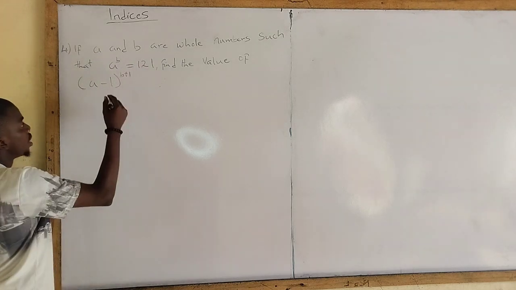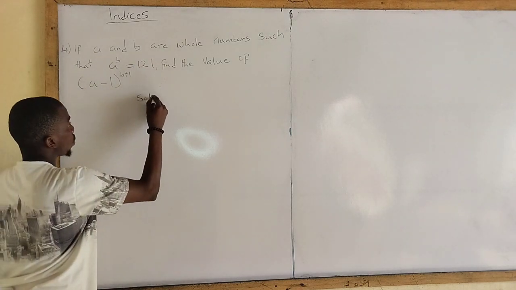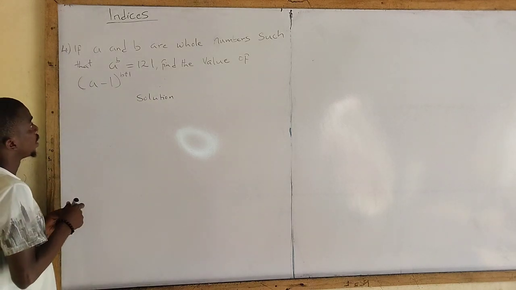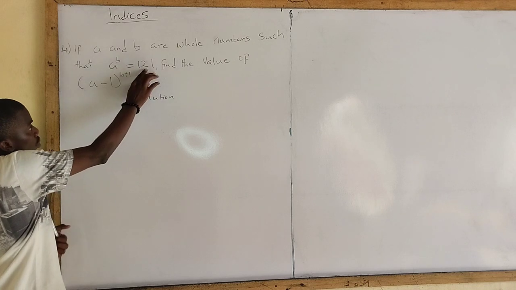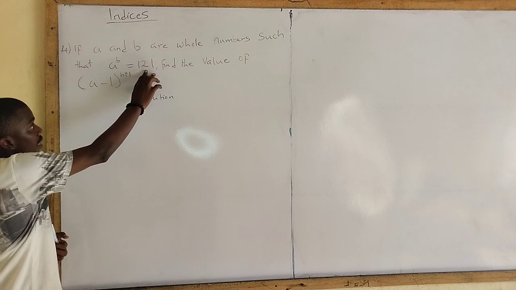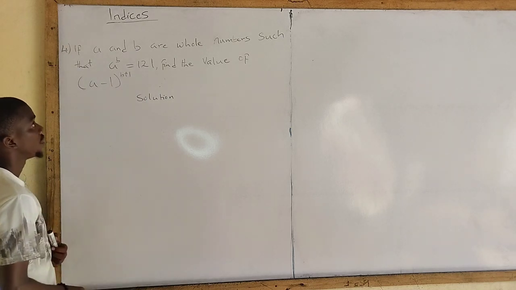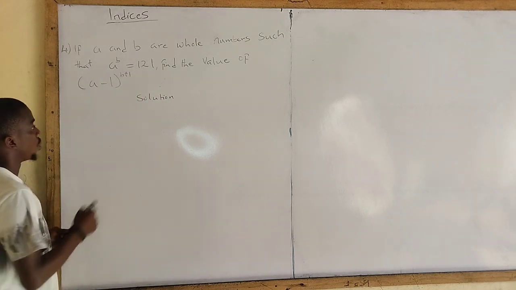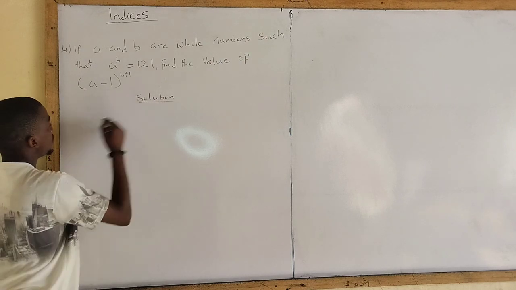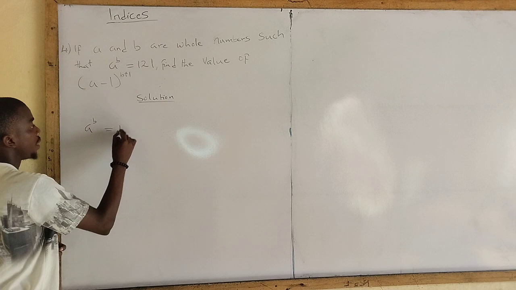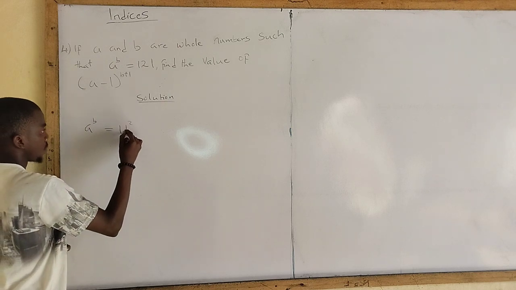If we want to apply all the rules and methods we have been using, we should write 121 in its index form, which is 11 raised to the power of 2, because 11 times 11 is 121. So we can write this equation as this.